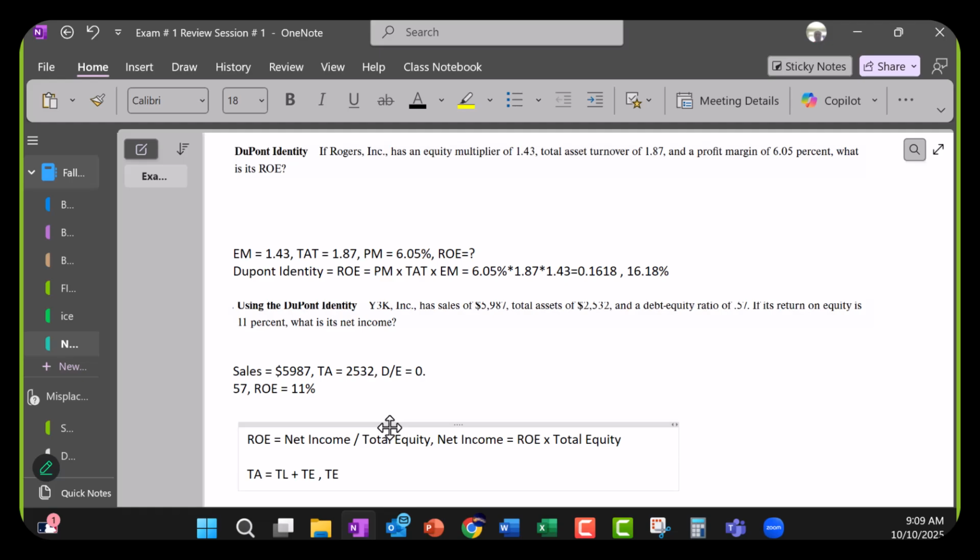Which means total equity is going to be total assets minus total liability, or there's a better way. Oh, okay. And let's remember what debt equity ratio is. Total liabilities divided by total equity, right?